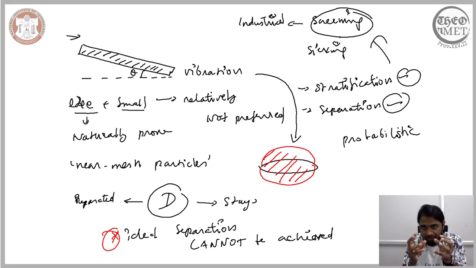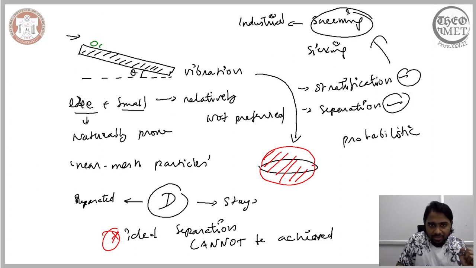One rather straightforward way of ensuring that the probability of stratification and separation is increased is to ensure that a sufficient amount of time is spent by the particles on the surface of the screen.